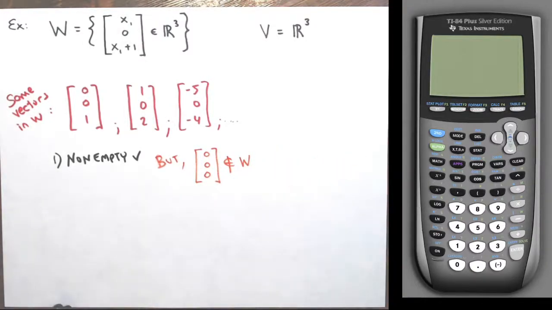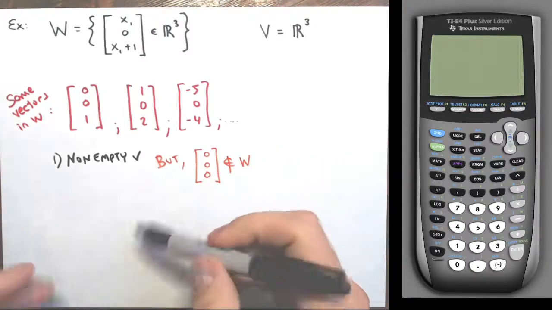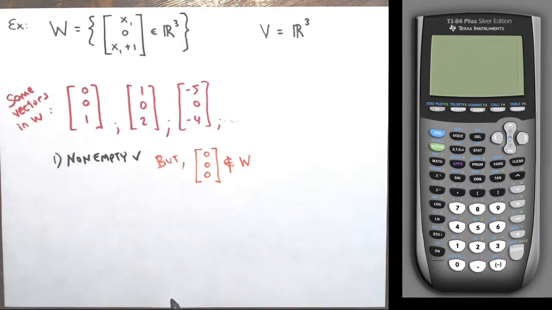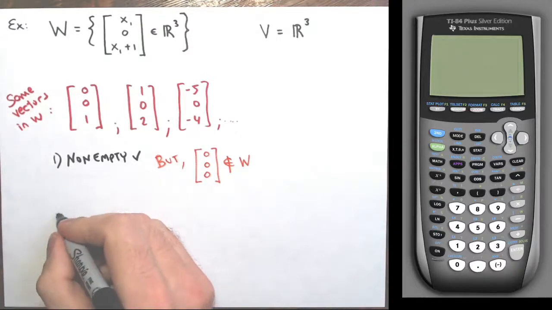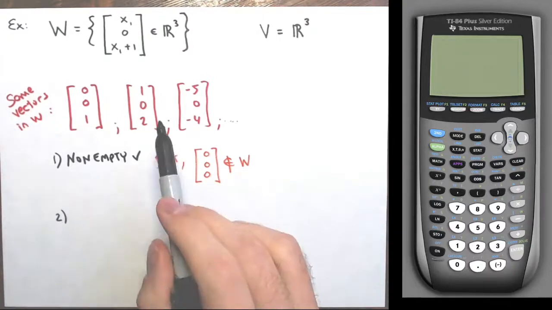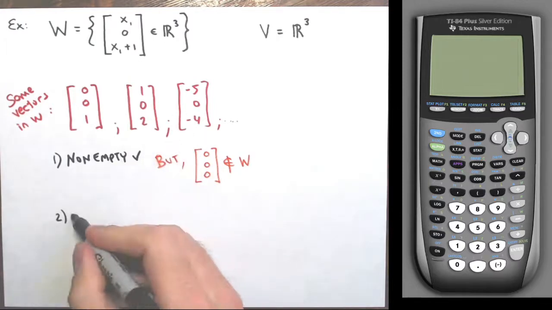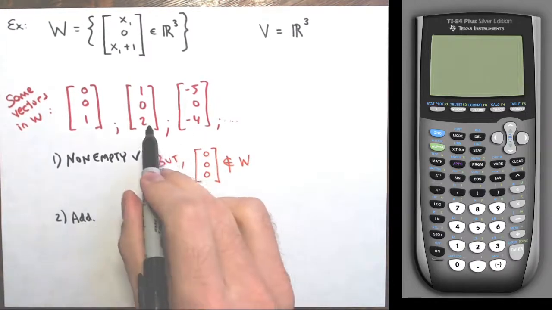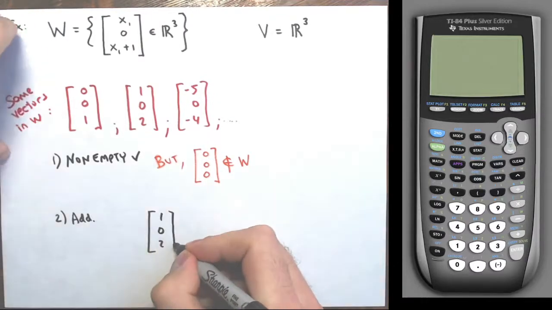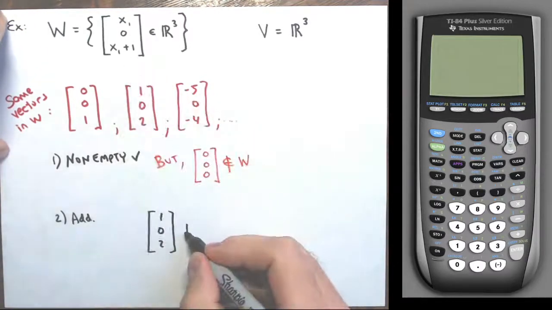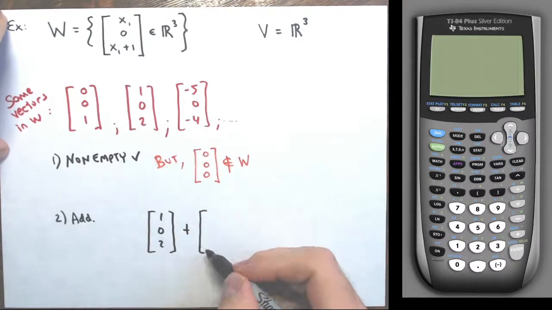But as mentioned earlier, the 0 vector is not in W. So that means one of these other two has to fail. It's either not closed under addition or not closed under scalar multiplication. And really, it's both. Look at the addition. I'll just take these two vectors. Take 1, 0, 2. That's in W. And add it to -5, 0, -4.